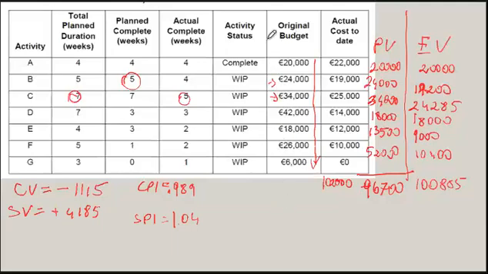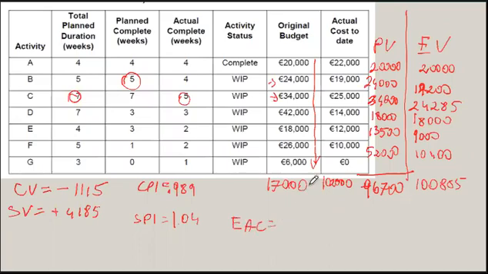So the total original budget is 20,000 plus 24,000 plus 34,000 plus 42,000 plus 18,000 plus 26, and finally plus 6. So the planned budget is 170,000. So now I can calculate the estimated budget at completion.